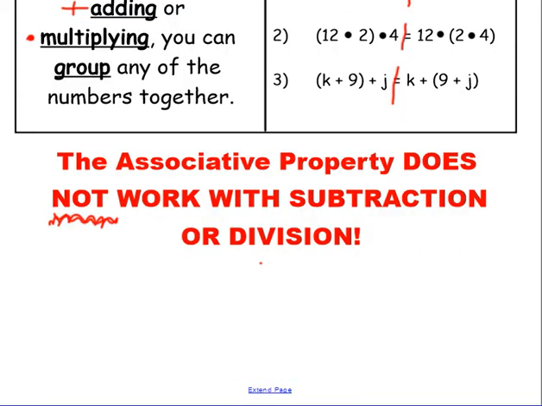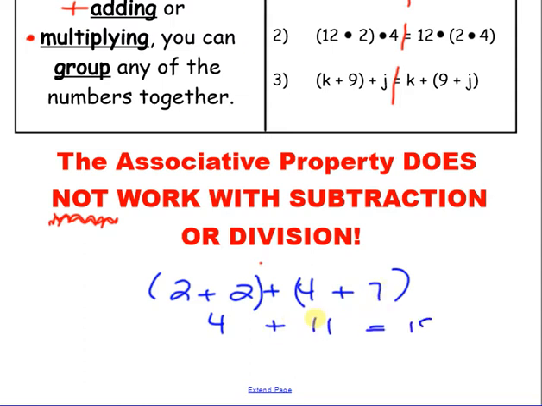So, if we have 2 plus 2 plus 4 plus 7, okay? So I can add this up in any old order that I want, okay? So 2 plus 2 is 4, plus 4 plus 7 is going to be 11, and that's going to give me 15. And if I put the parentheses in any different order, I'm still going to get 15.